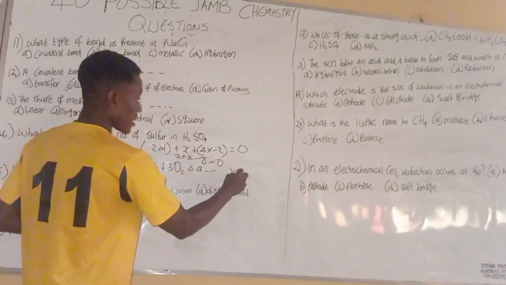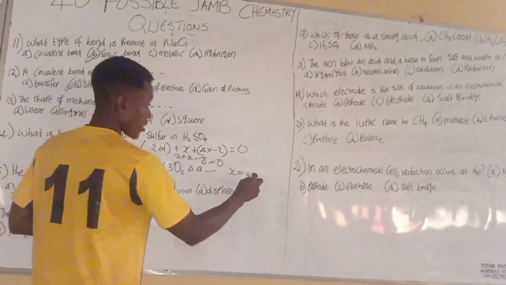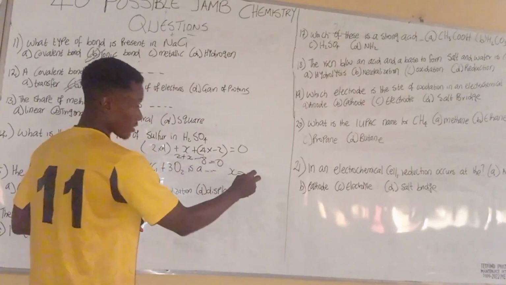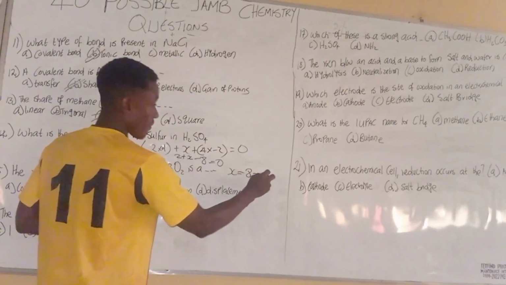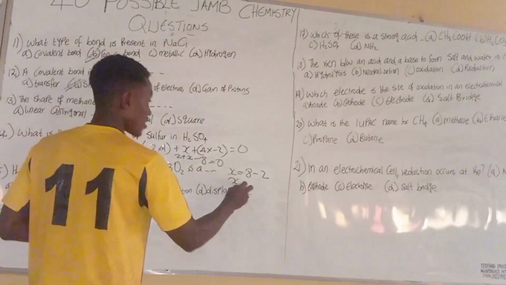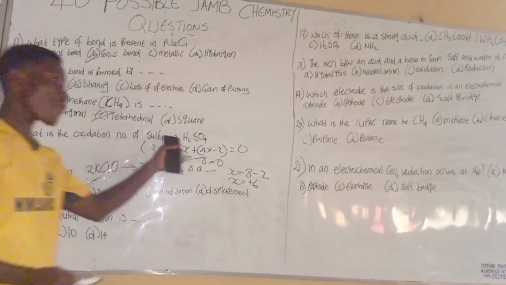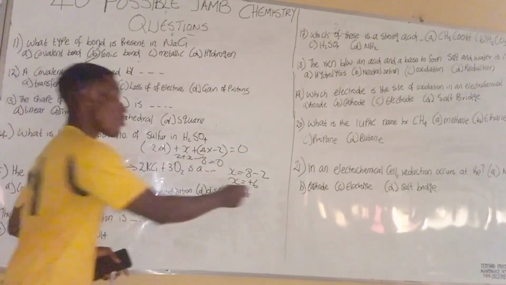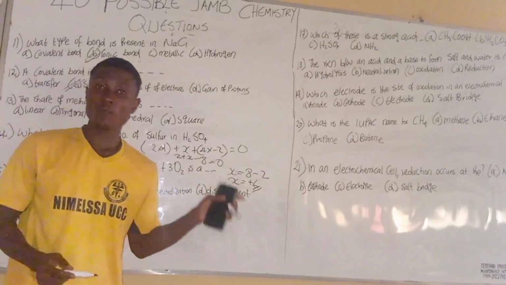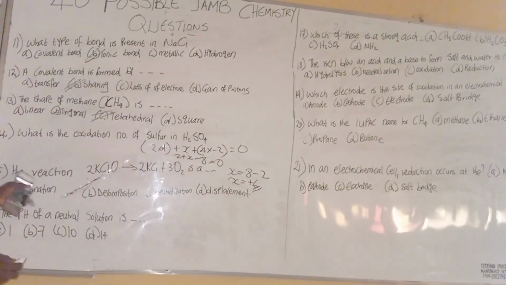So x is going to be, they will cross the equality sign, 8 minus 2. That means x is going to be plus 6. That means the oxidation number of sulfur in H2SO4 is plus 6. And that is how we get our oxidation number.